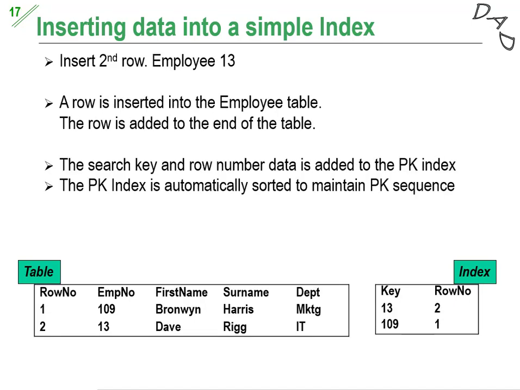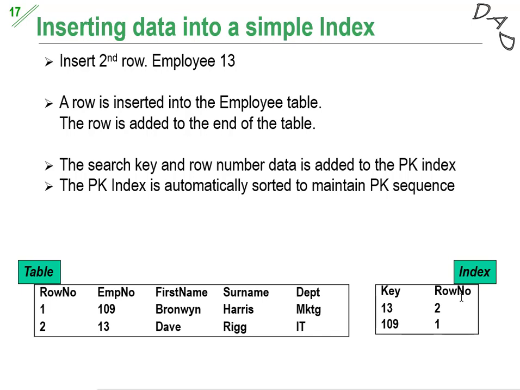When you try to insert the second row, in this example employee number 13, we run the insert into command and press enter. It will insert the second row into my employee table. It will record the address, in this case the row number, and then it will insert a record into the index file as well.